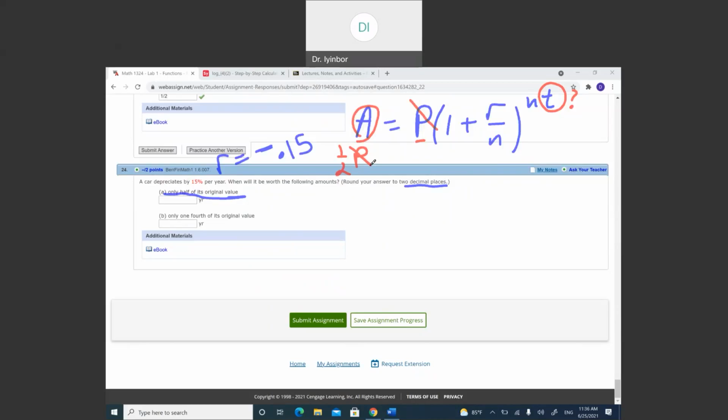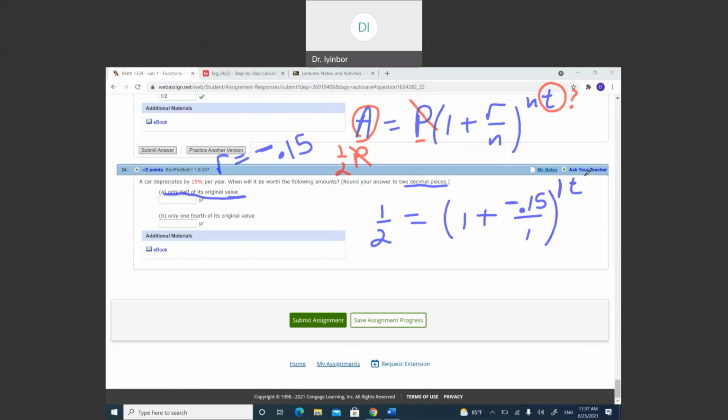So the equation becomes 1/2 equals 1 plus the rate, negative 0.15 over 1, with exponent 1 times t, or x. You can put x, whatever you like. I'm going to use t. So with this equation, you have to solve it for t.